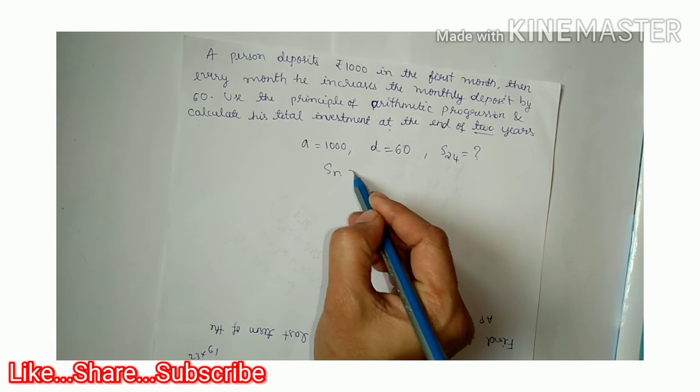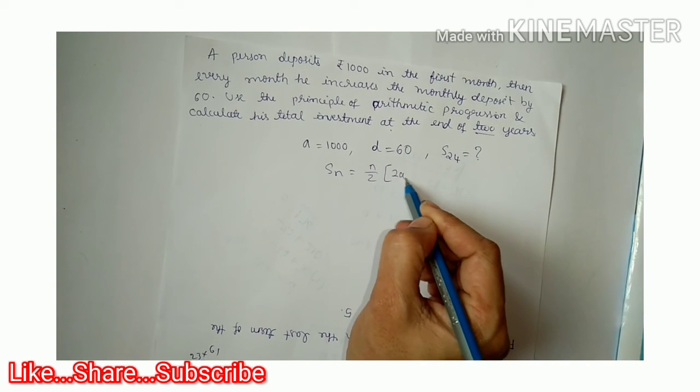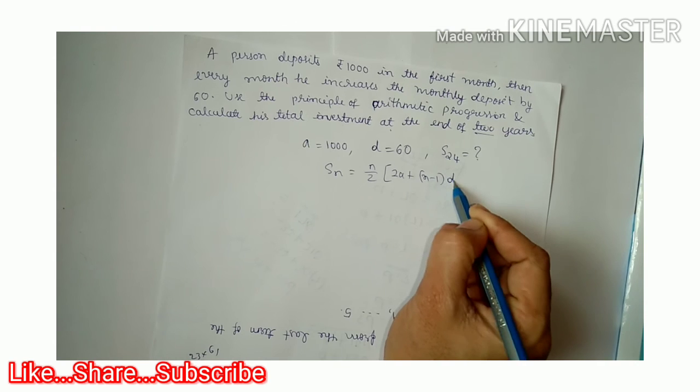Here Sn is equal to n by 2 into (2a plus (n minus 1) into d).